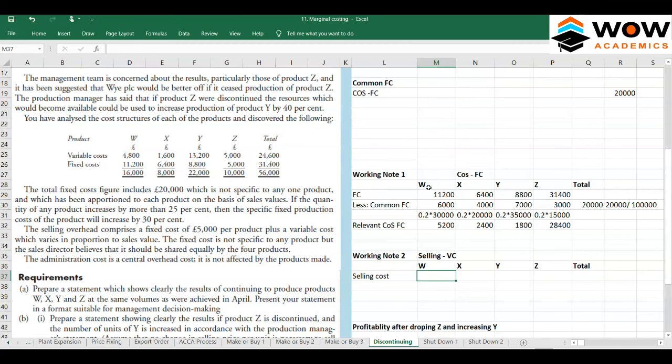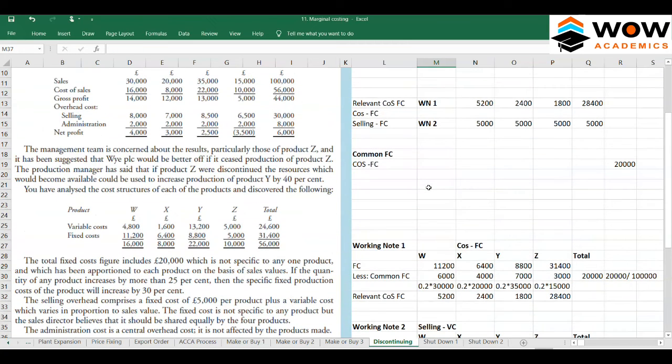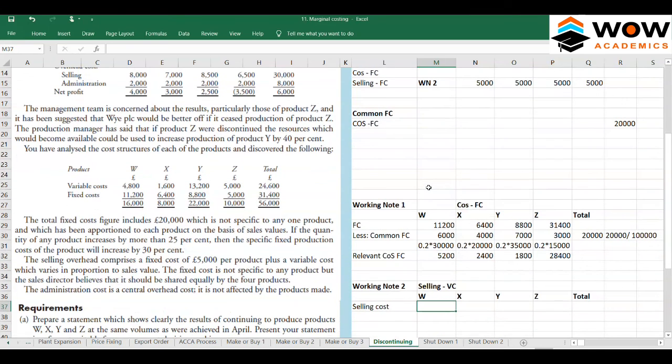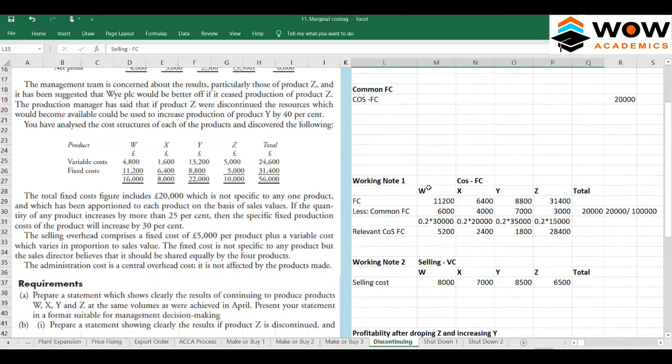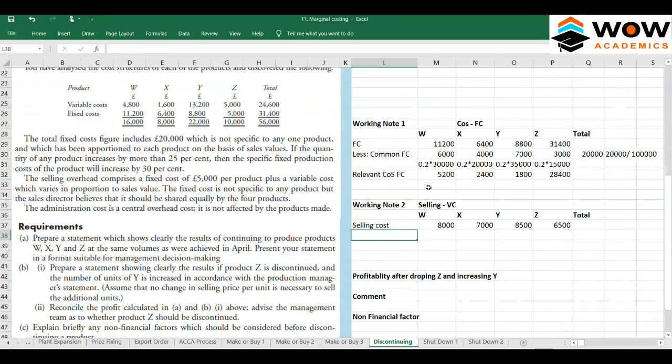So the total selling cost, we have to get the number from above. It's going to be 8,000, 7,000, 8,500, 6,500. And the fixed part of the selling cost is here. This will give us the variable component of the selling cost.